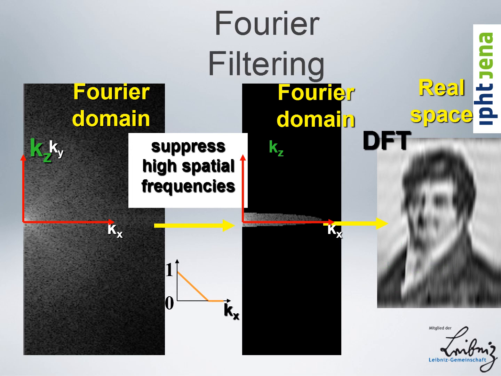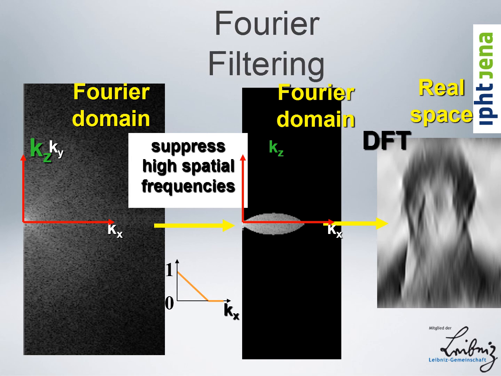But of course, you can do other shapes, like something like this. So low frequencies are cut a lot, then in the middle they are not cut so much, and then again at high frequencies they are cut. And if you do this, then you can actually mimic how an XZ stack of a wide field transfer function would look like. And indeed, this looks very much like what you see here.